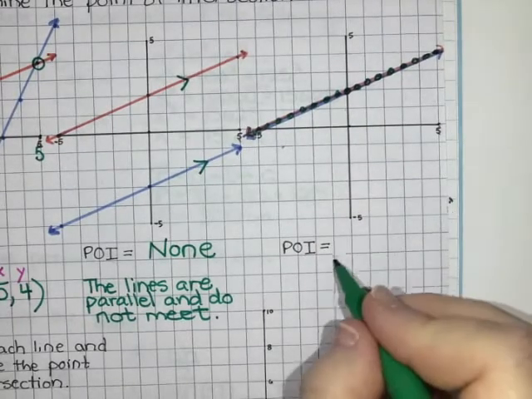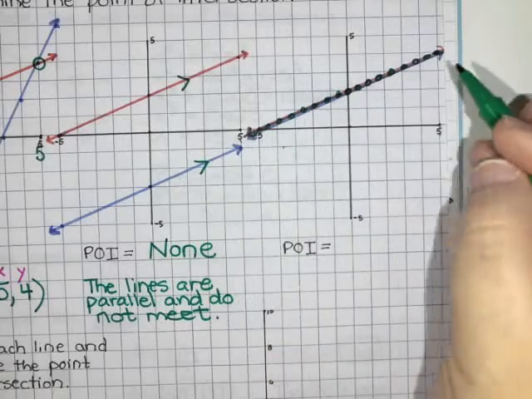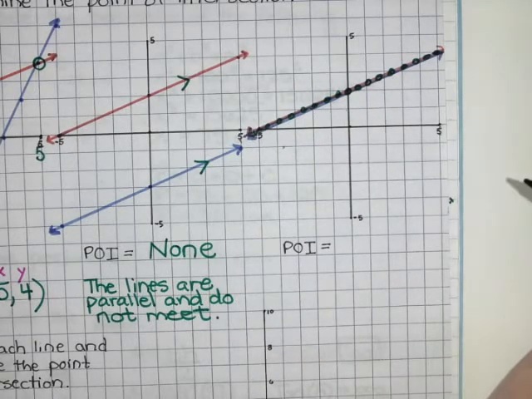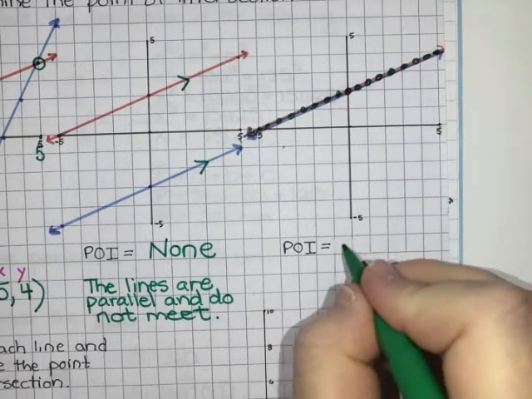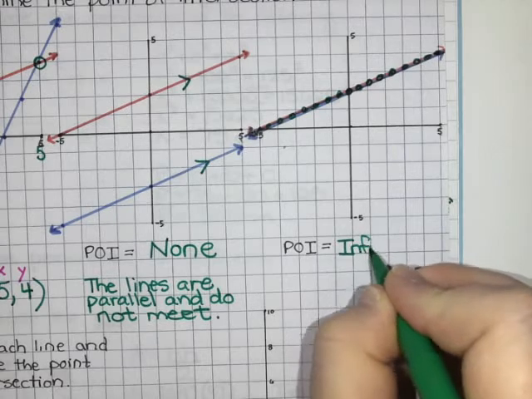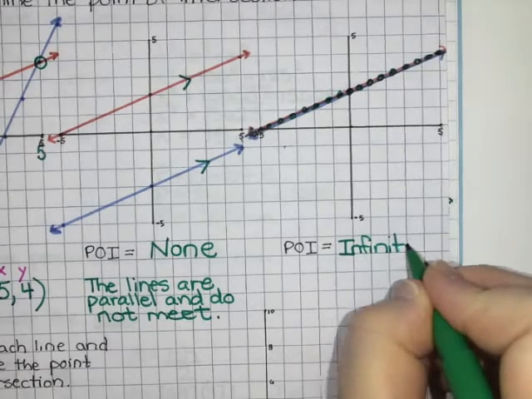So when I go to say point of intersection, I don't want to have to write every single point down. I couldn't write every single point down. We would be here for the rest of our lives. So I'm going to say infinite points. Infinite means there is no end.